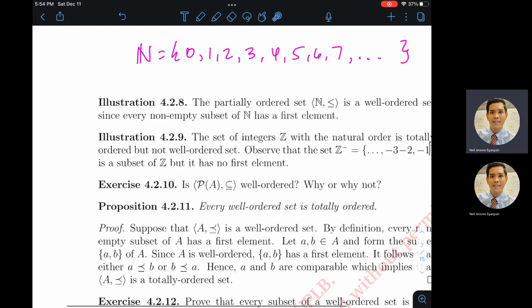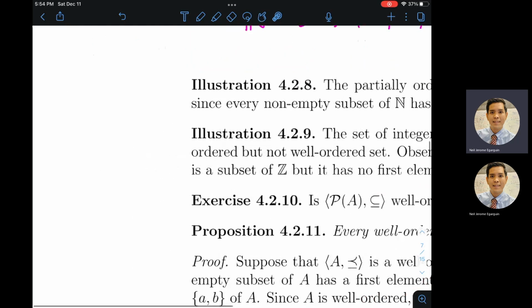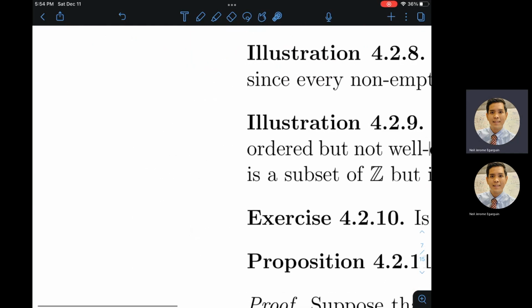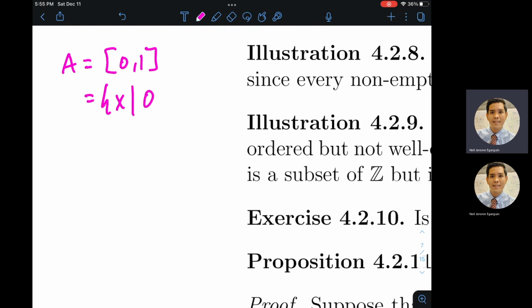On the other hand, kung balikan natin yung isang example natin, yung set A natin, which is the closed interval 0 to 1. Again, this would be the set of all x's such that x is greater than or equal to 0, but is less than or equal to 1, right? We know that this is a total order.